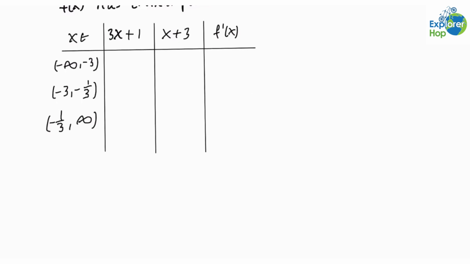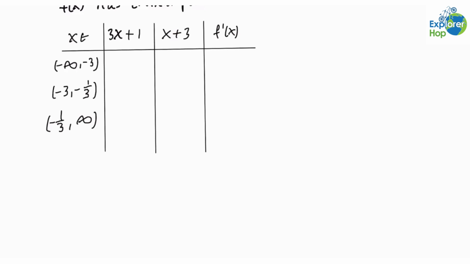From the critical points, we will check whether the derivative of f of x is positive or negative in the intervals from negative infinity to negative 3, negative 3 to negative 1 over 3, and from negative 1 over 3 to infinity. And to determine the sign of the derivative of f of x, we will determine the sign of all the factors of the derivative of f of x.